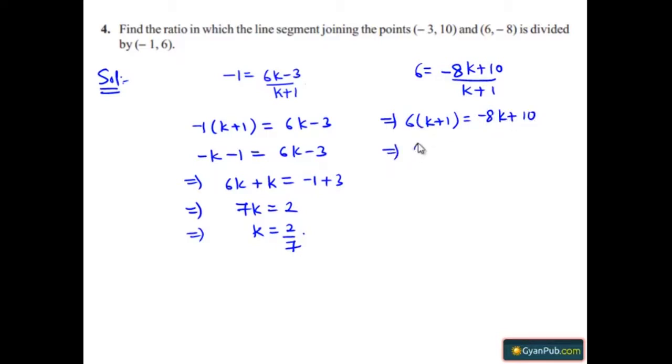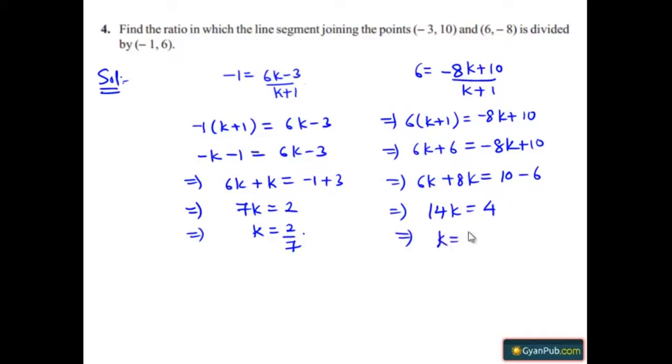Expanding, we get 6k + 6 = -8k + 10. This implies 6k + 8k = 10 - 6, so 14k = 4. This implies k = 4/14.